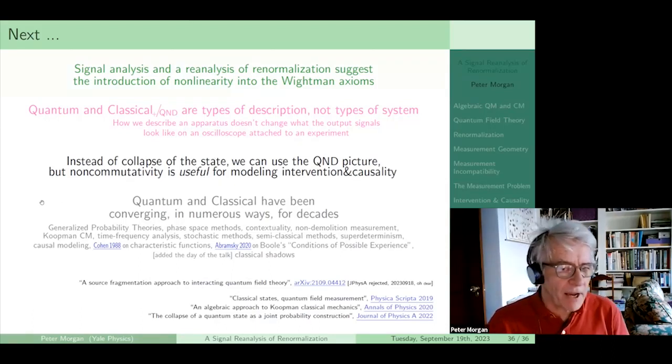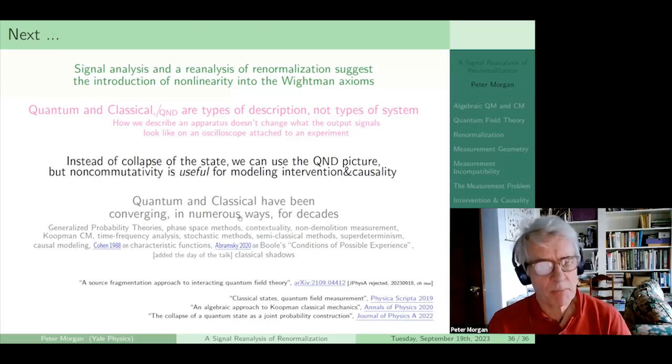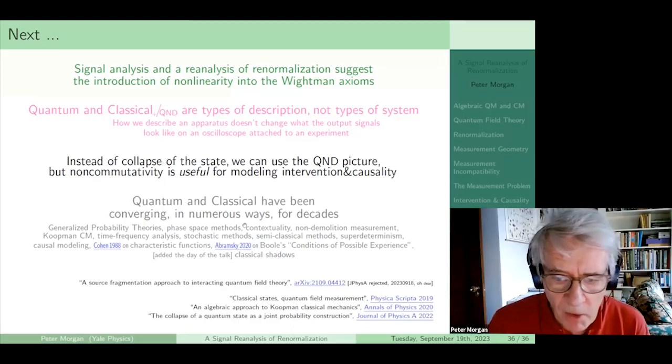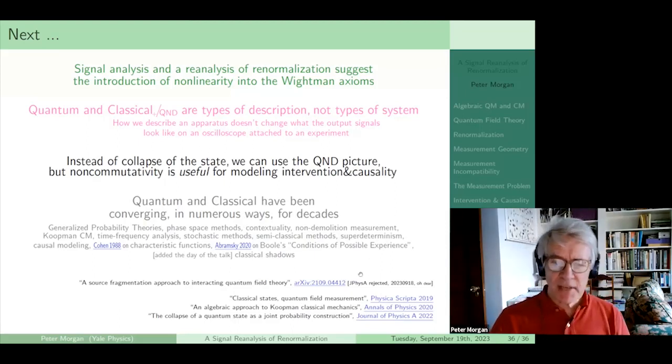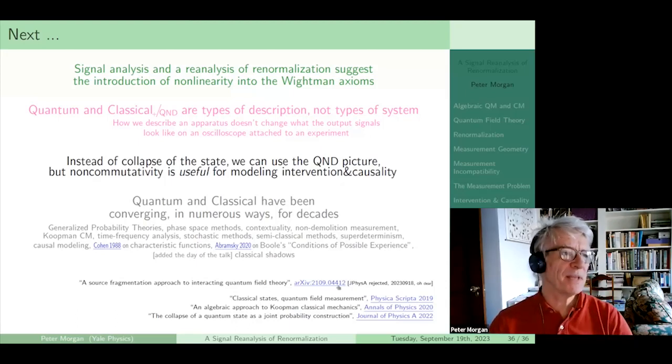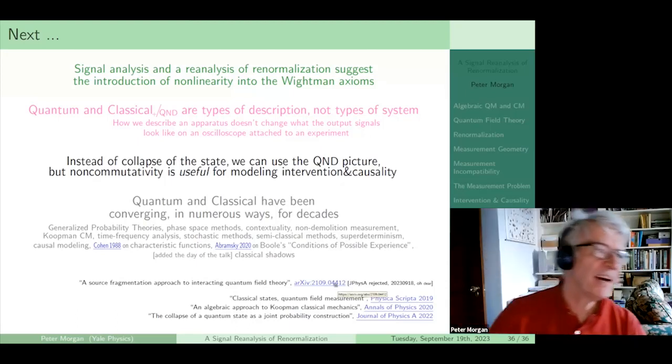Now, I find, when I look at the literature on this material, that quantum and classical physics have been converging in many ways for decades. And I'm trying to channel that in terms of the signal analysis, but I'm sure it can be done in other ways. Now, one thing I will add here is that yesterday morning, I got a rejection slip for the paper that is largely the basis of the first part of this talk.